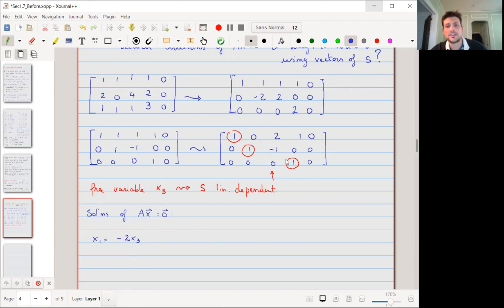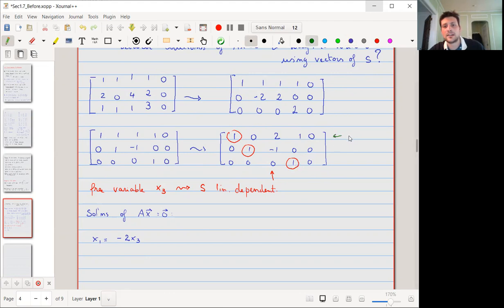Oh, we're not done. The reduced echelon form requires me to take the third row and eliminate the one that is up here. But the third row only has zeros, so I will do that right here.